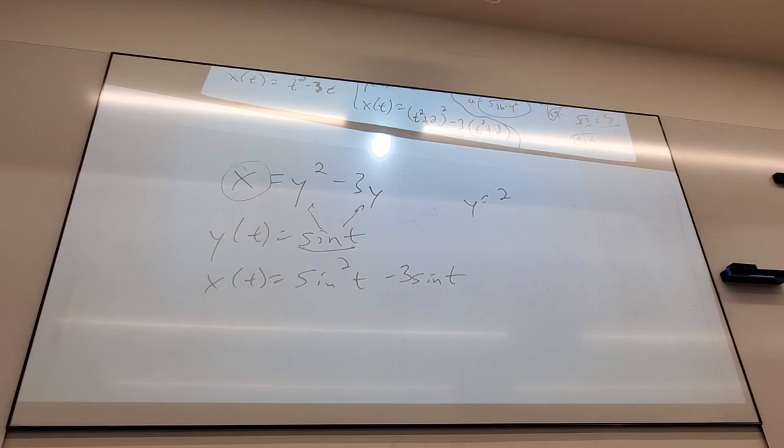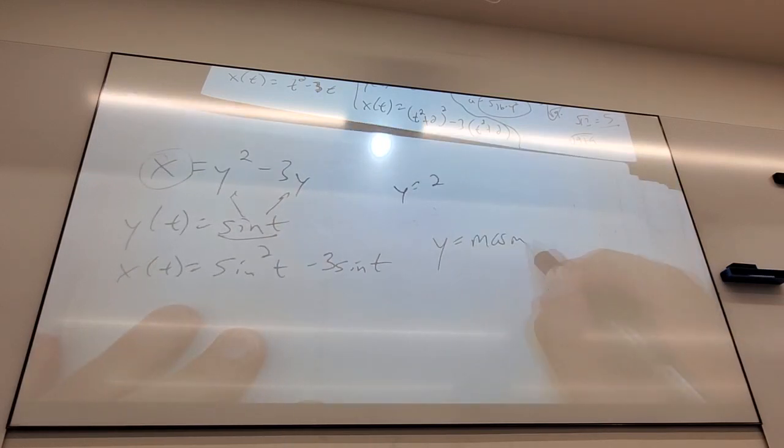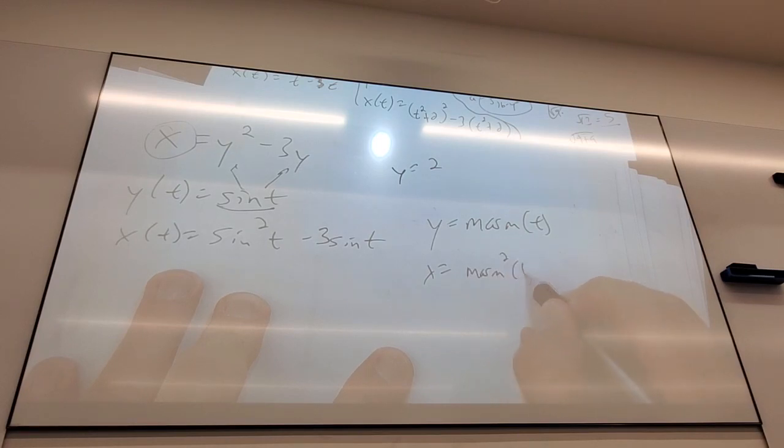Marmalade. Marmalade of t. So if y is the function marmalade of t, what is x? It's marmalade squared minus 3 marmalade. Yes, okay. What is the marmalade function, you ask?